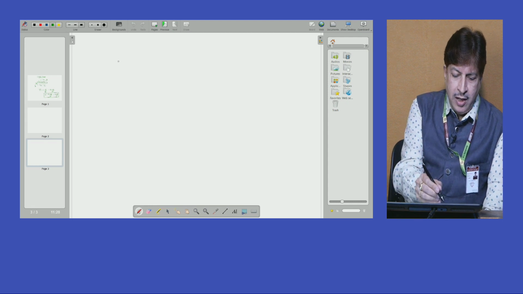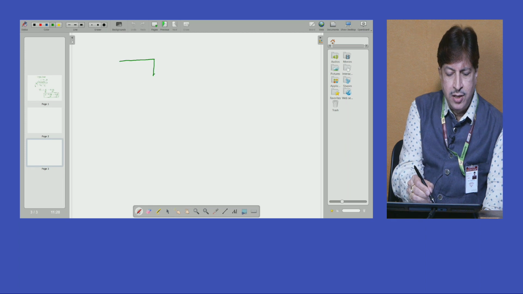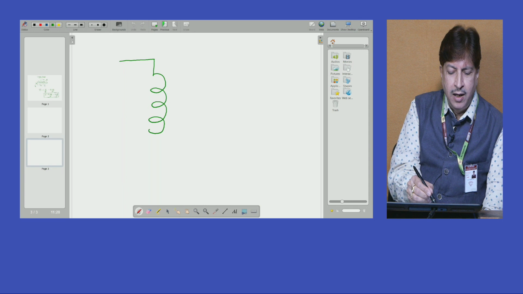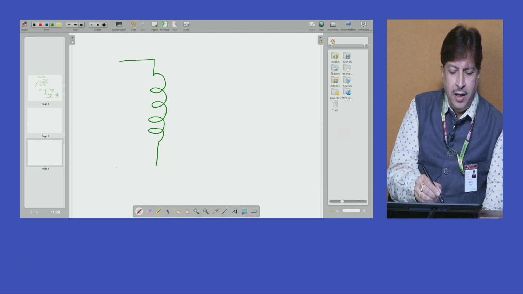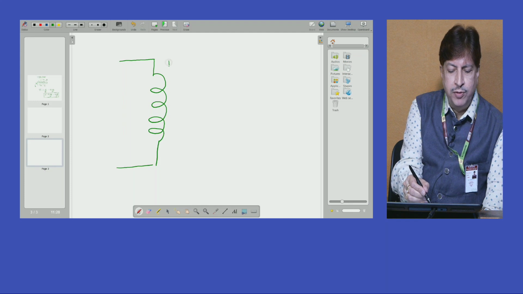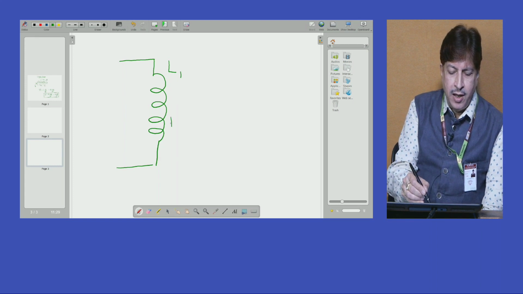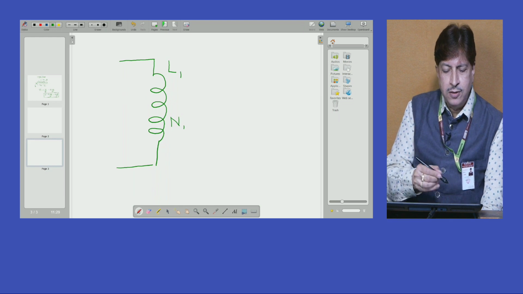Now, let us consider an interesting case. A coil is there. Imagine the self-inductance of the coil is L1 henries. It has N1 number of turns.